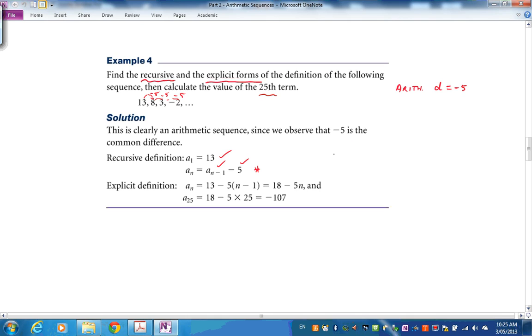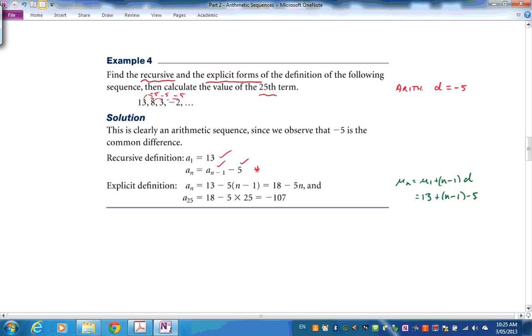So here we are. Coming back to un equals u1 plus n minus 1 d, the first term is 13, and then plus n minus 1 by, what's d?